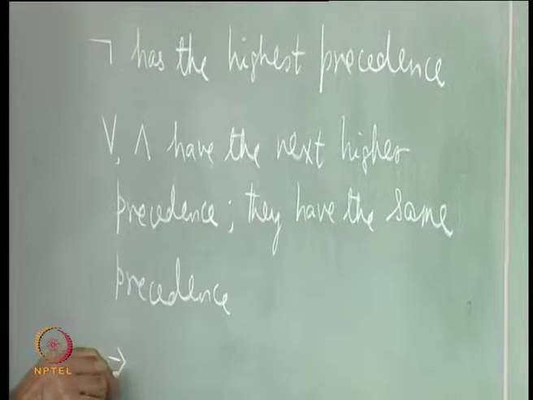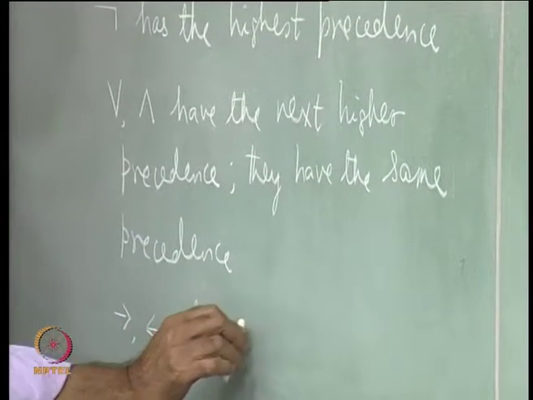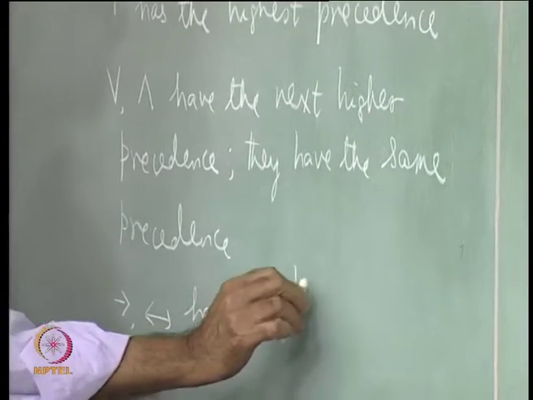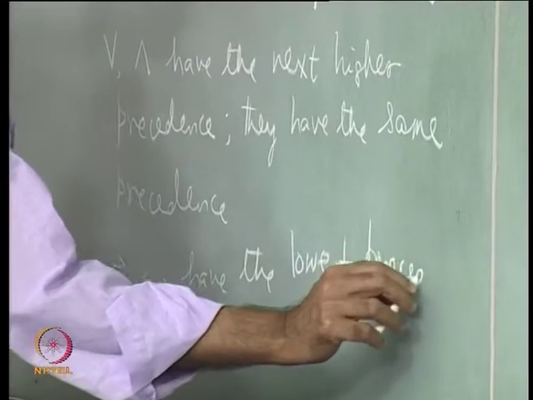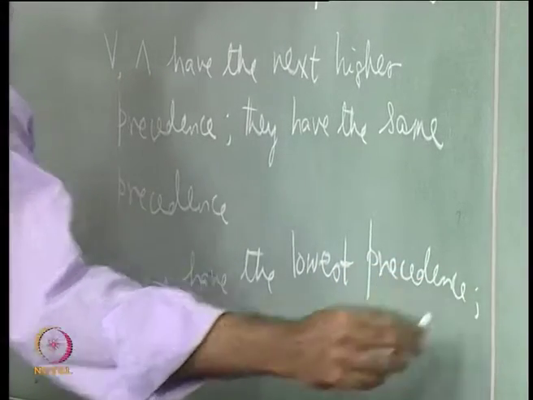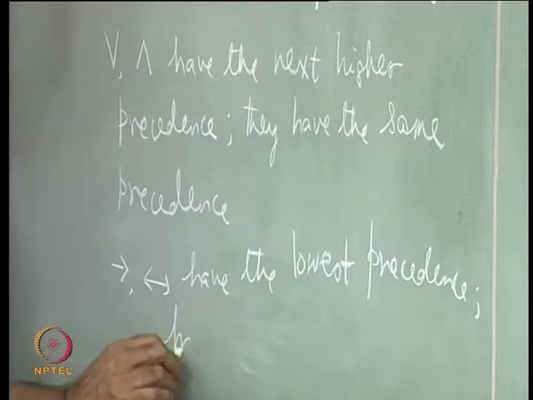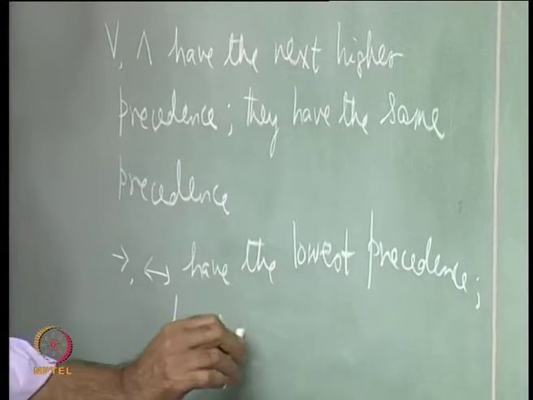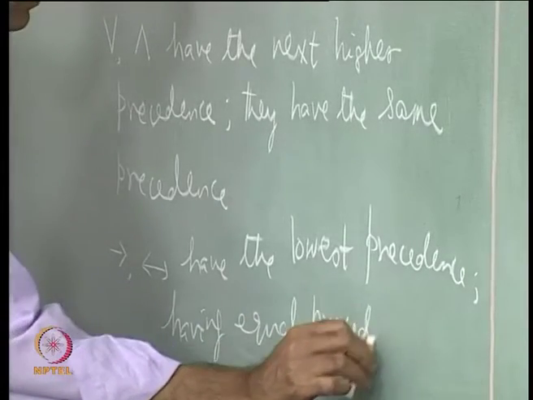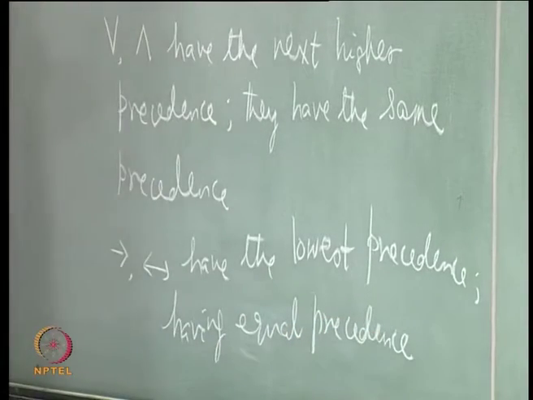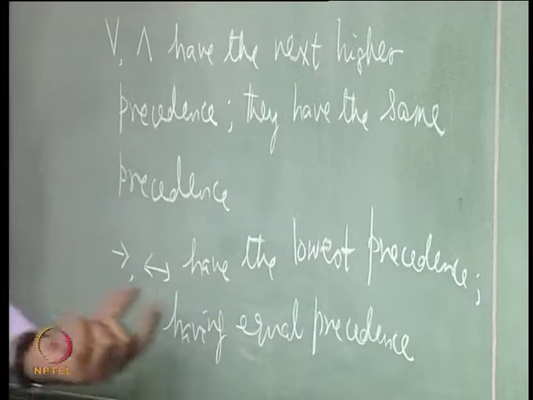Similarly, the next two connectives, they have the lowest precedence. Right. So, these having equal precedence means among themselves.